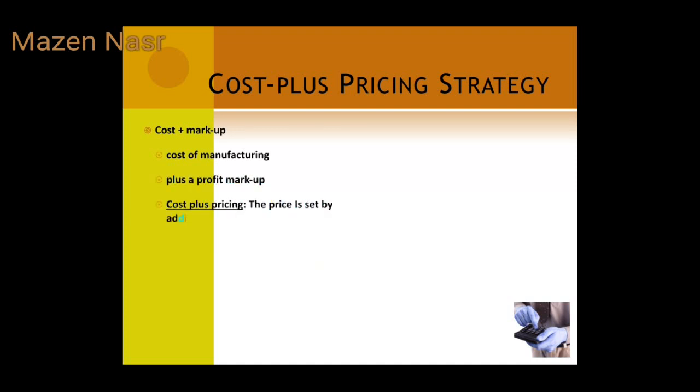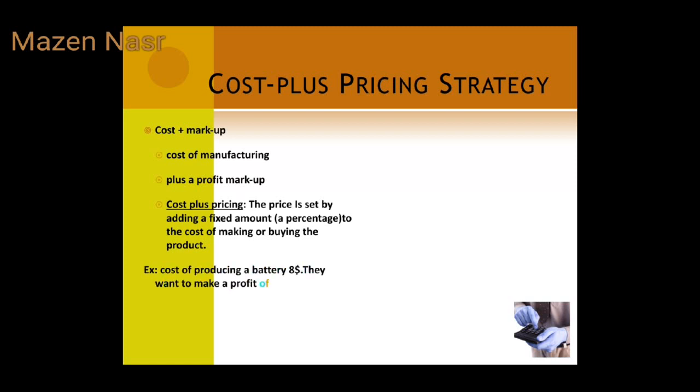It's just setting a profit markup above the cost of the product. If I know the cost of manufacturing, I just add a profit markup, a fixed amount added to the cost of making or buying a product. We have an example here of a battery.